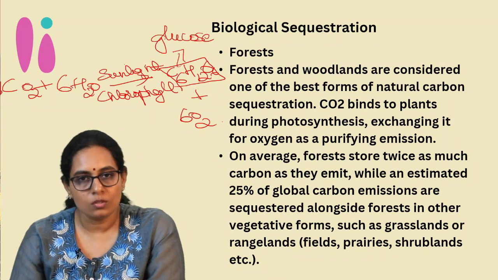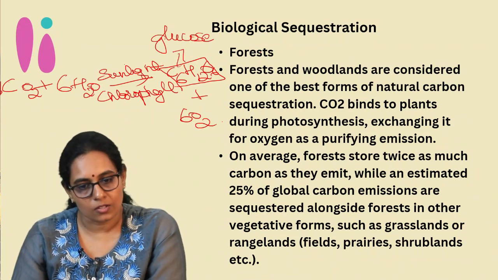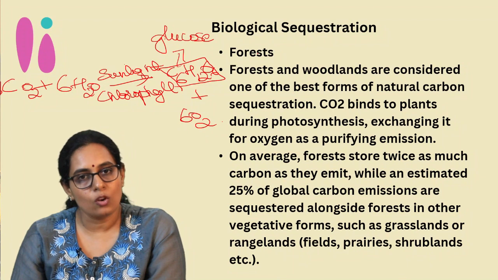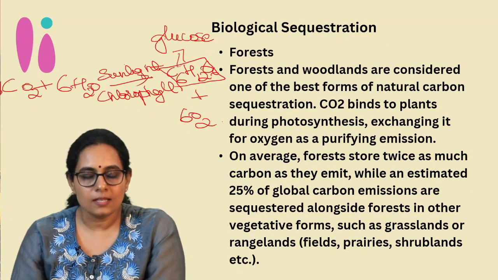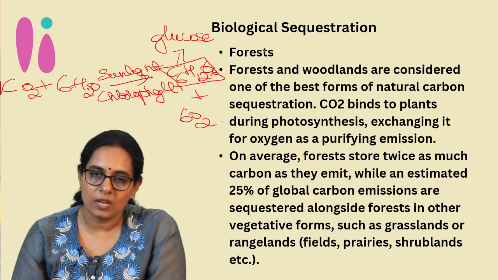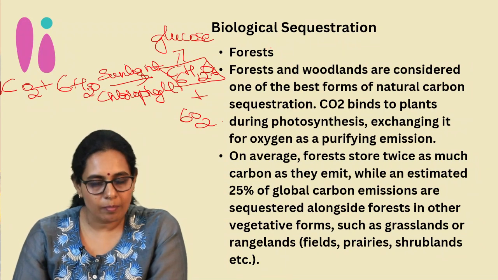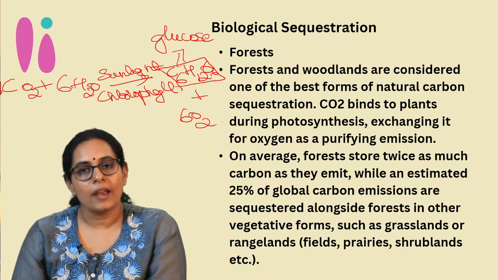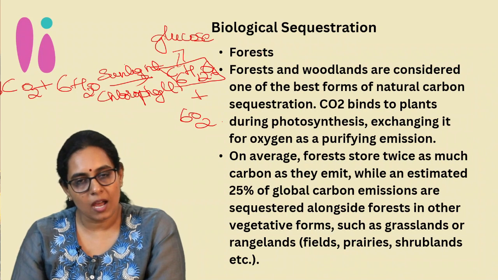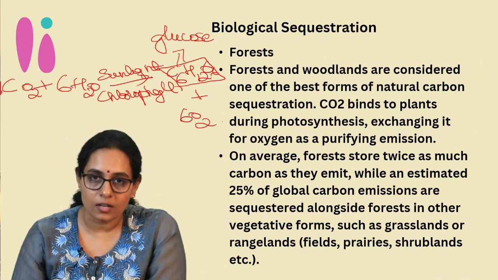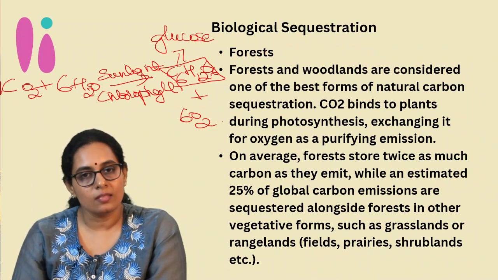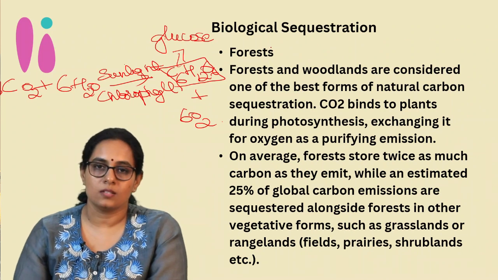And this glucose is stored in the plants. C6H12O6, meaning 6 atoms of carbon, have been stored in the plants. So plants trap and store this, and until the plant is cut down, it stays stored in the body of the plant.